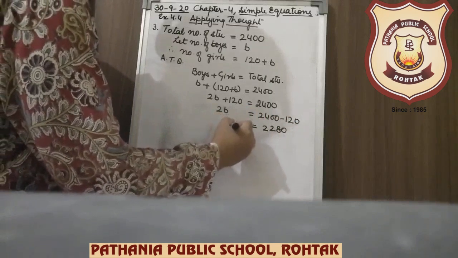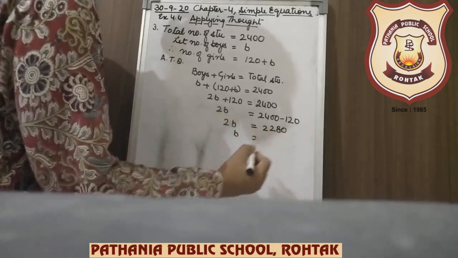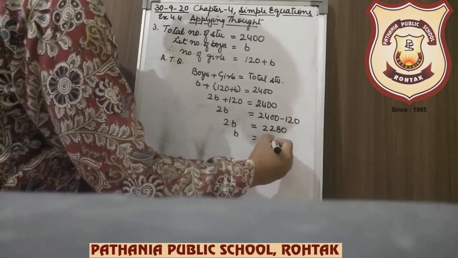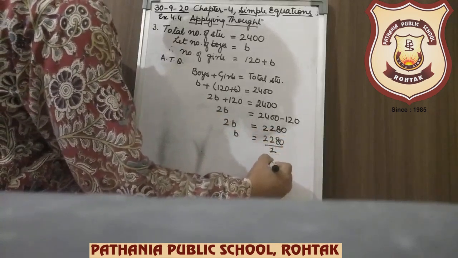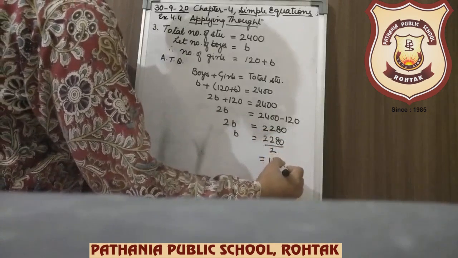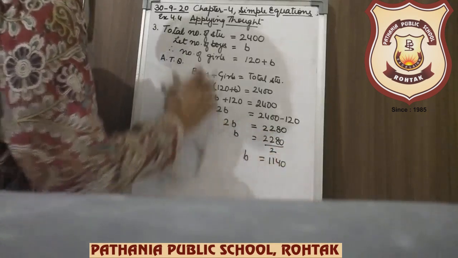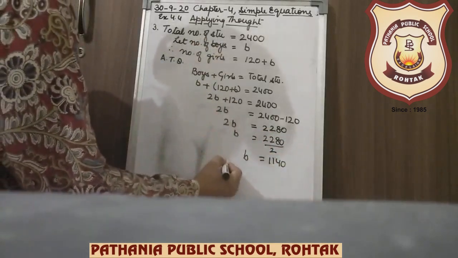This is 2B. So B is equal to 2280 upon 2, which is 1140.